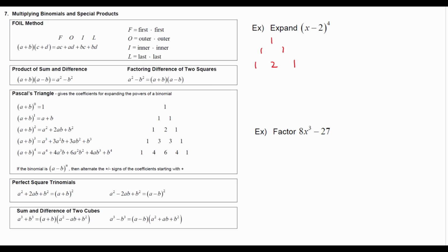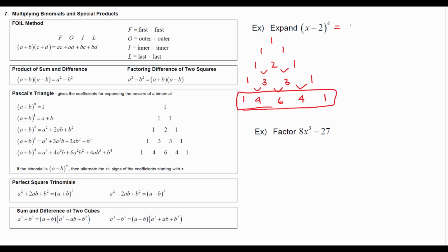And then the fourth one is 1, you add 3, add 3, last one's 1. You need one more. That will be 1, add 4, add 6, add 4, last one, 1. So this is the coefficient of your expansion for (a - b) to the power 4.